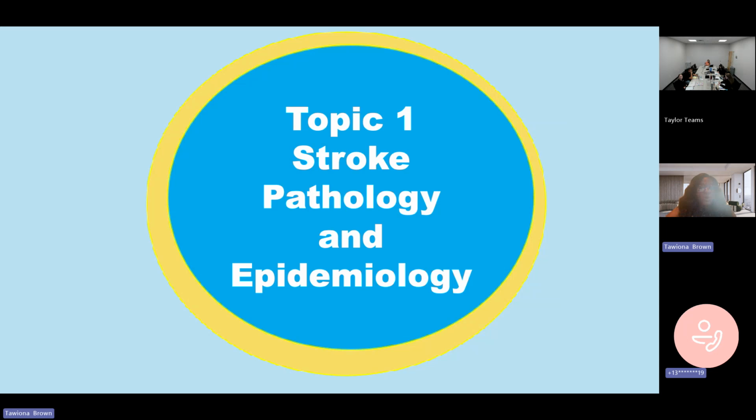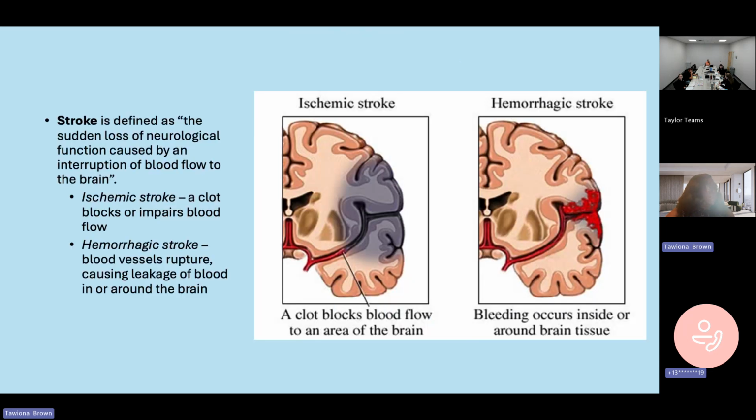All right. So a stroke is defined as a sudden loss of neurological function. It's caused by an interruption of blood flow to the brain. When you are having a stroke, it is categorized as being either an ischemic stroke or a hemorrhagic stroke.